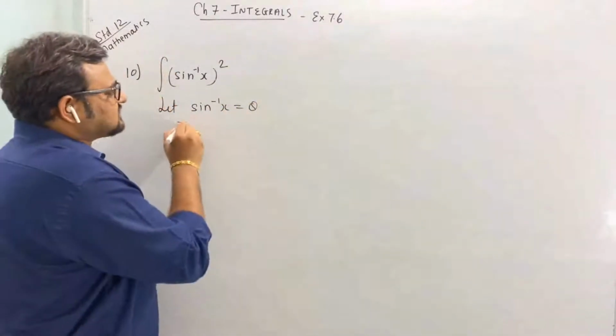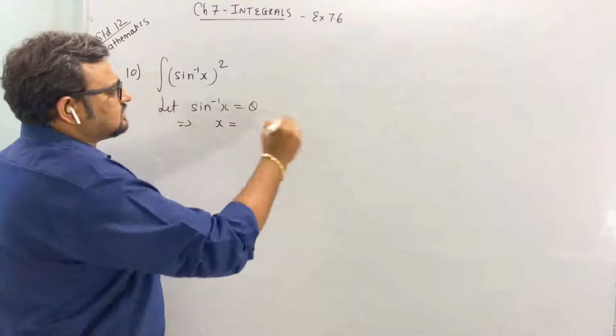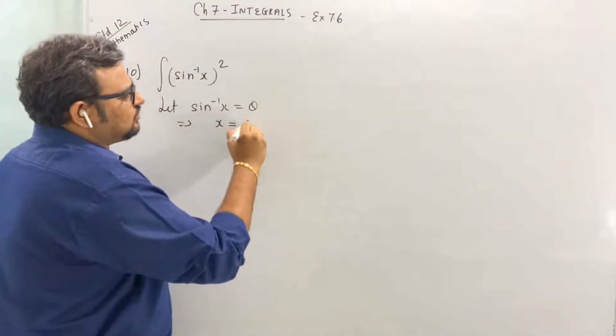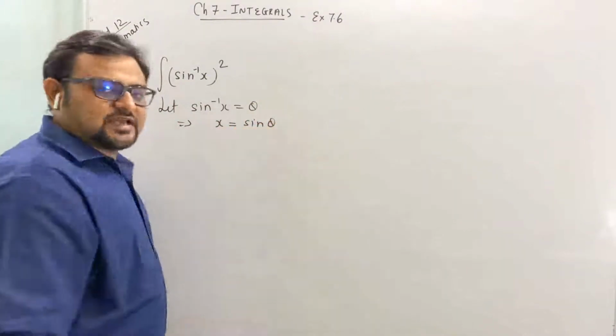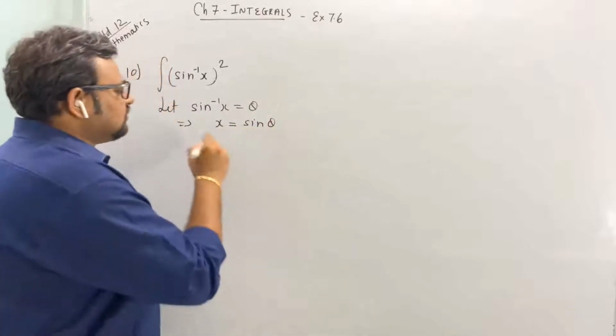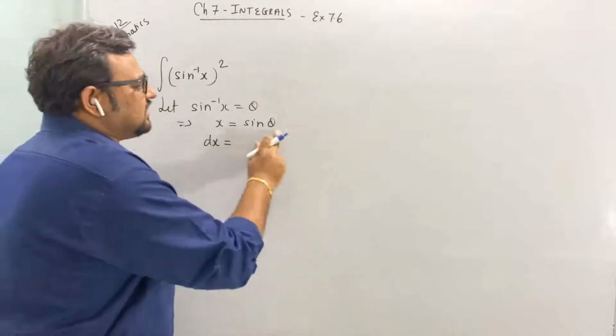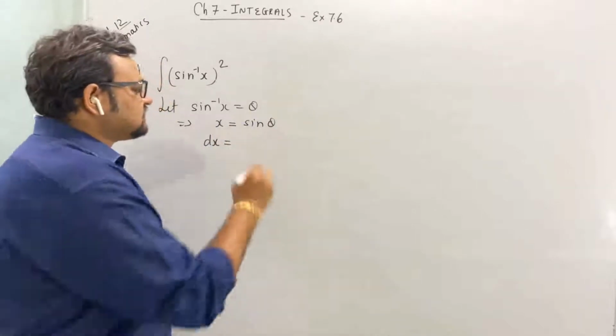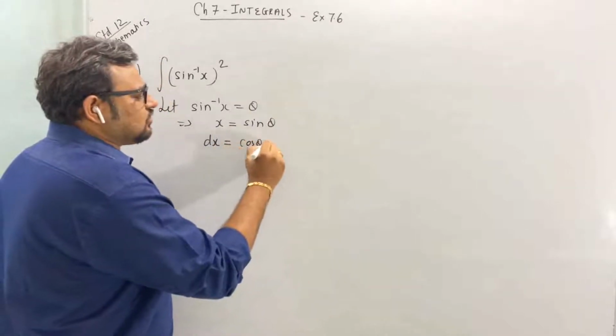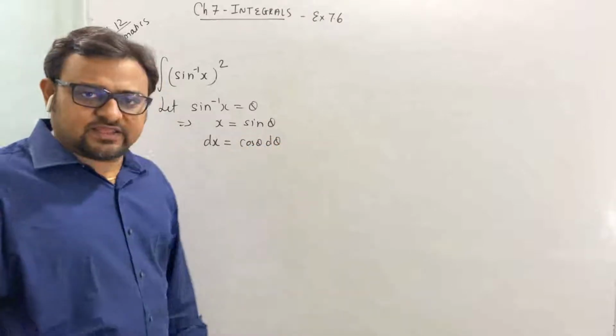So what will be x? x will be equal to sine theta. Differentiating both the sides, we get dx equal to derivative of sine theta, which is cos theta d theta.